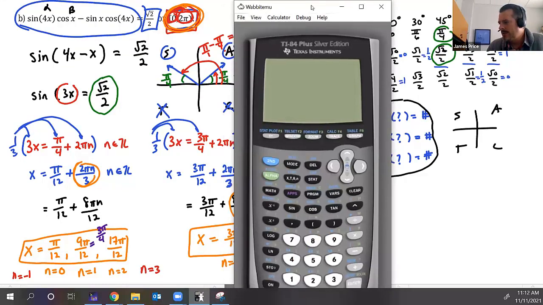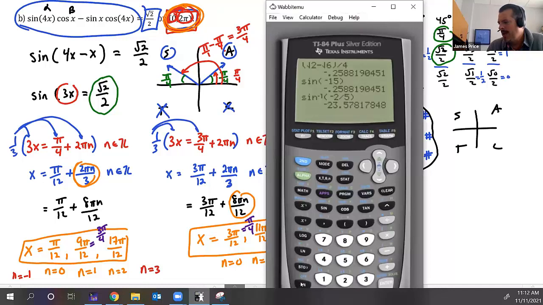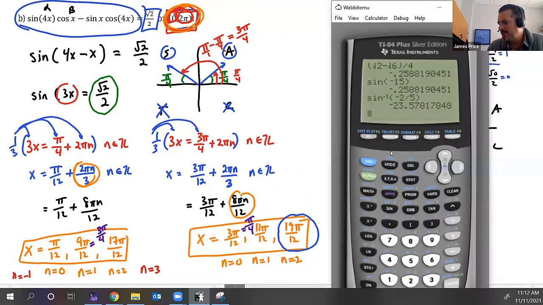To do that, I'm going to turn this on, and then I'm going to type in, make sure you're in radians. That's important. So hit enter on radians. And then let me get that answer on the screen. So there it is. I'm going to type in the sine of 4 times 19 pi, well, this is going to be a pain to type in, but whatever.